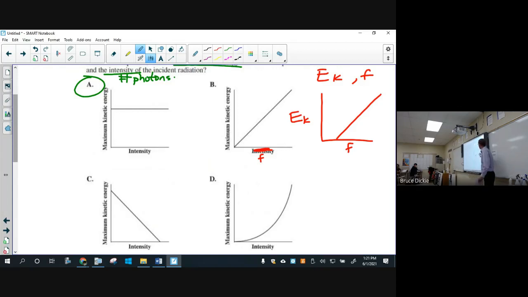Frequency of this, what happens? Nothing. Frequency of this, what happens? Nothing. Frequency of this, oh, something starts happening. What variable would that be? That would be my threshold frequency, right? So we couldn't change that question without changing that possibility, but B would be close for EK versus F. It's not quite correct.